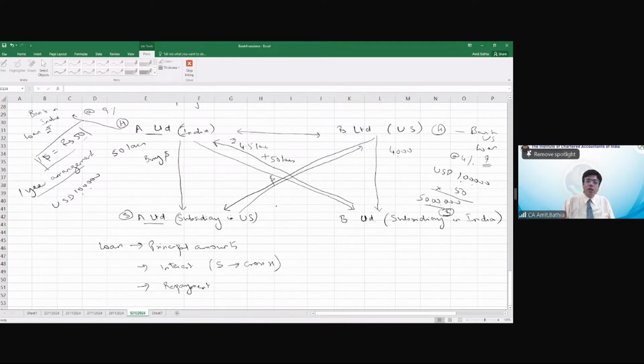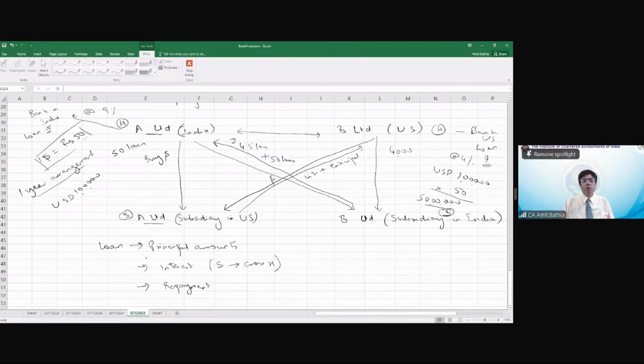And in the same way, A Limited, which is a subsidiary in US, is also going to pay interest plus the principal back to B Limited US holding company, and the transaction closes. So what was the objective of this entire swap?